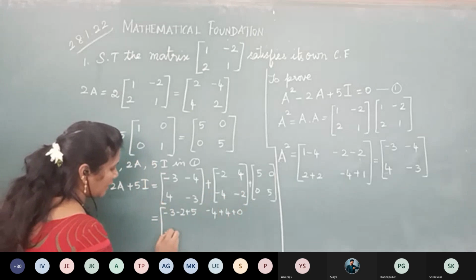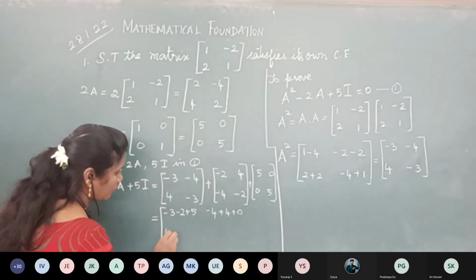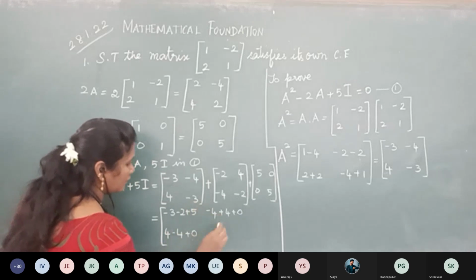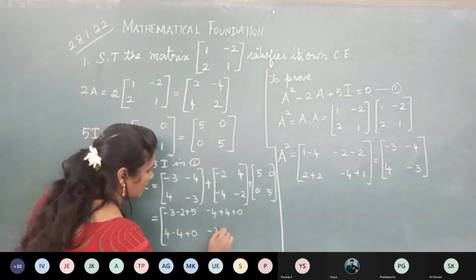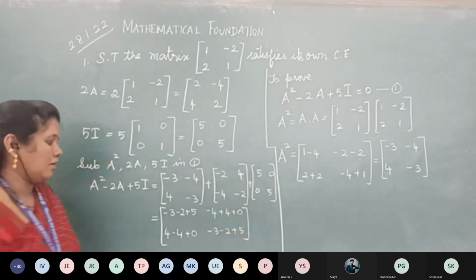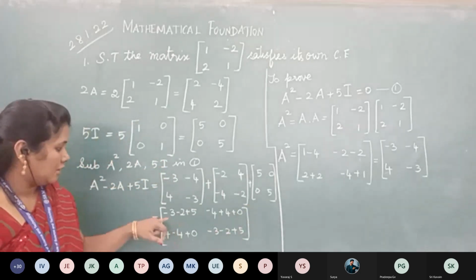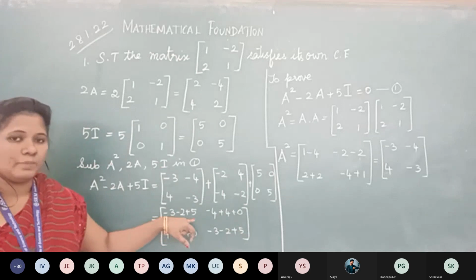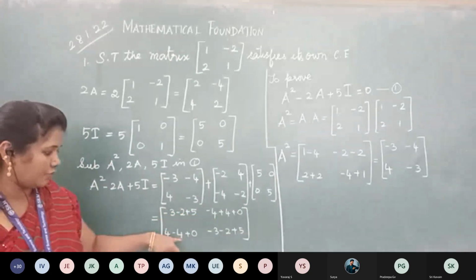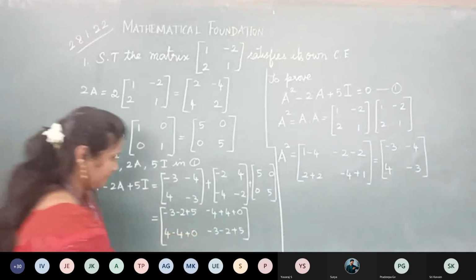Then plus 4, minus 4, and 0. And here you have minus 3, minus 2, and plus 5. When you add it, minus 3, minus 2 plus 5 will become 0. Minus 4 plus 4 will become 0. 4 minus 4 will become 0. Here also.